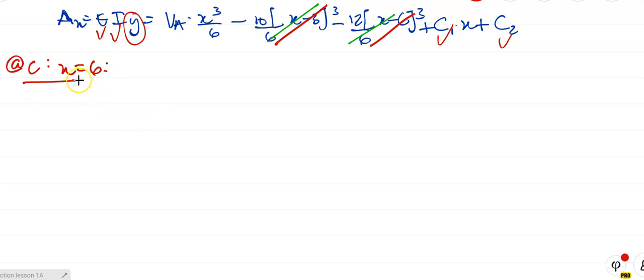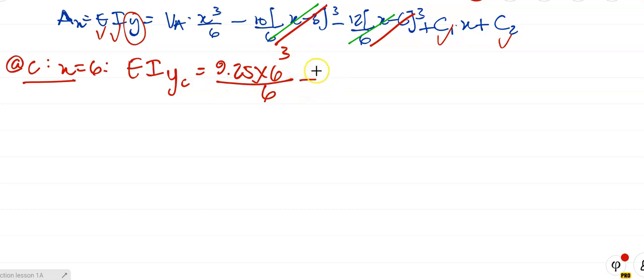So I'm going to put x equal to 6 into my deflection equation because we want to work out the deflection. So therefore, E I y at C, what's V? V is 9.25. x is equal to 6, so 6 cubed over 6 minus 10 times 6 minus 3 to the power 3 over 6.